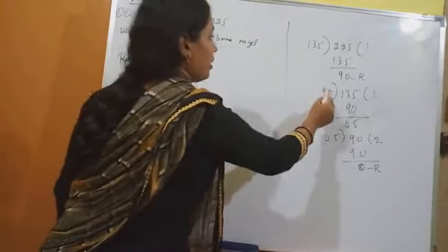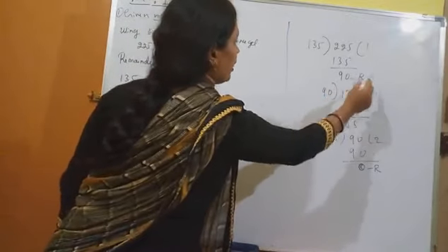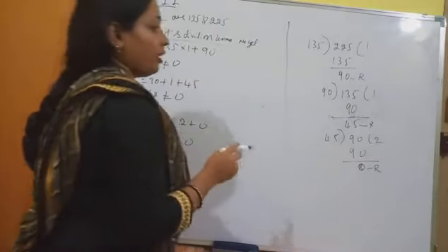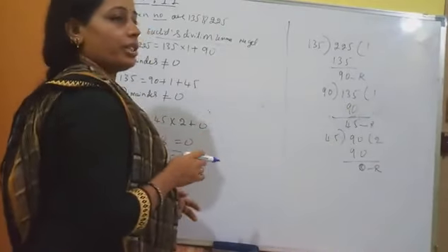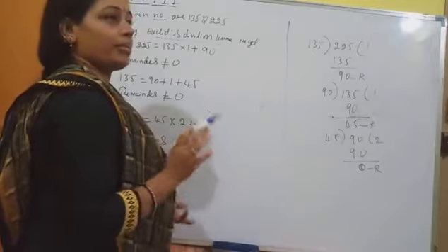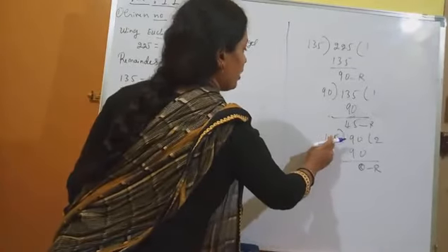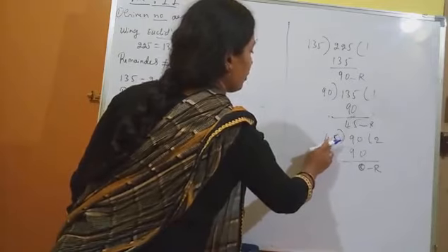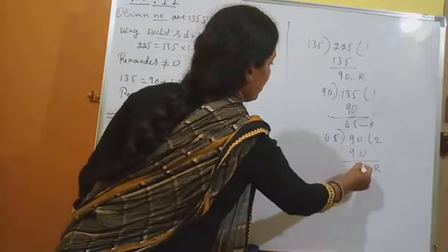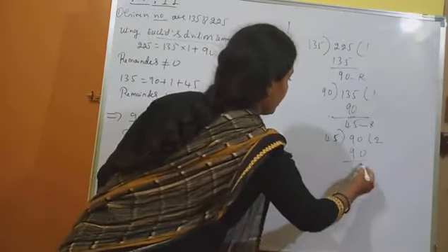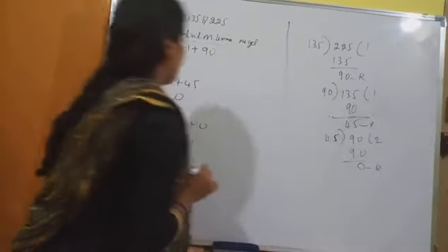Again take that number and divide 135 by 90. 90 ones are 90. The remainder will be 45. We have to continue the division process until the remainder becomes 0. Again we divide 90 by 45. 45 twos are 90. At the end of the division process, we get the remainder 0.